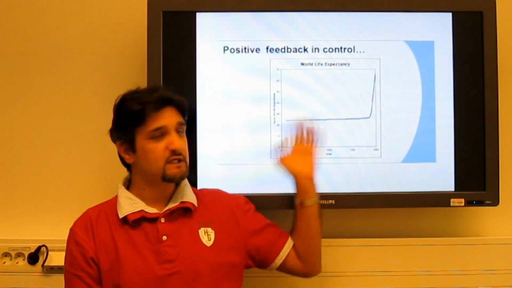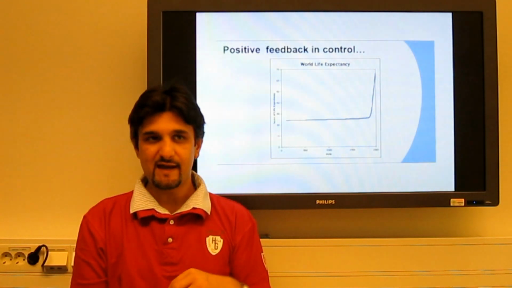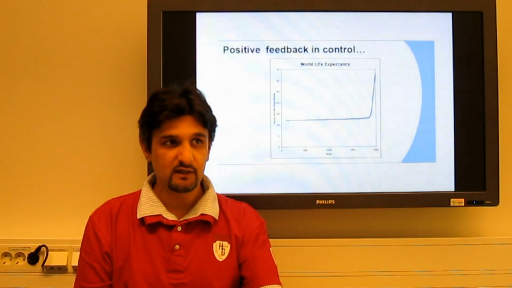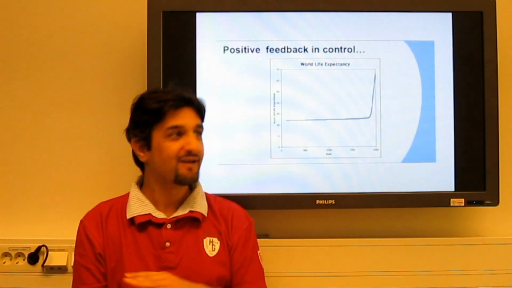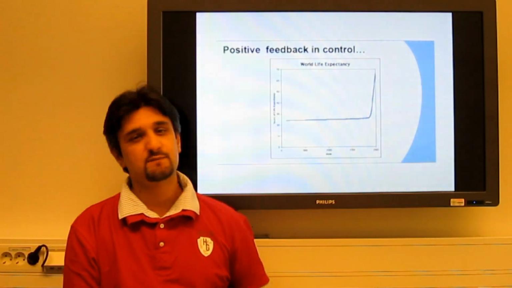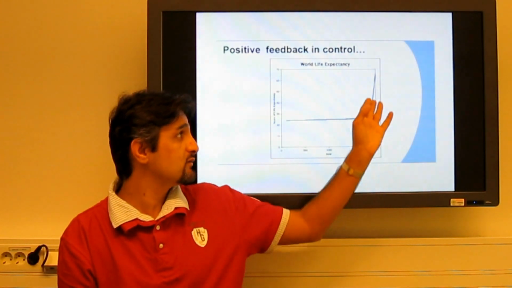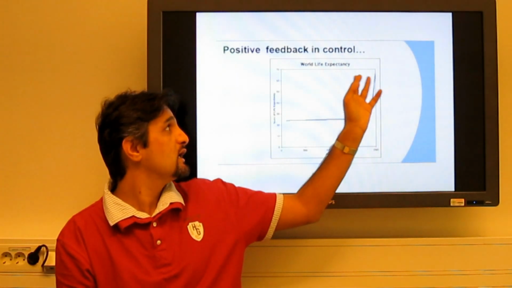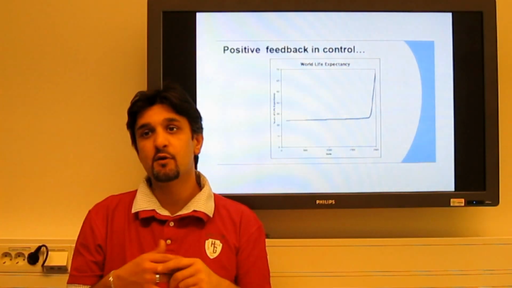And after that, because of some feedbacks, we've got some kind of acceleration and increase in the system, which is the life expectancy. And we've got the increase of the life expectancy, as you can see right now at 2000, 2011 or something. We are expecting people to live between 60 and 70. So it's a positive feedback.